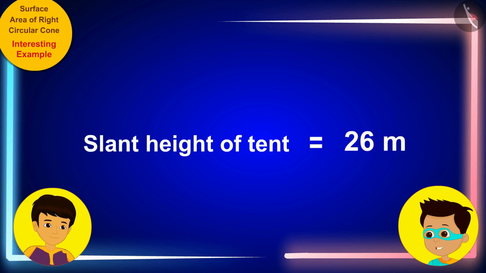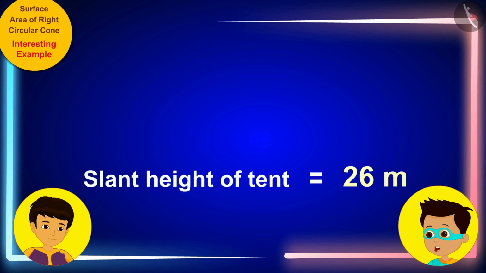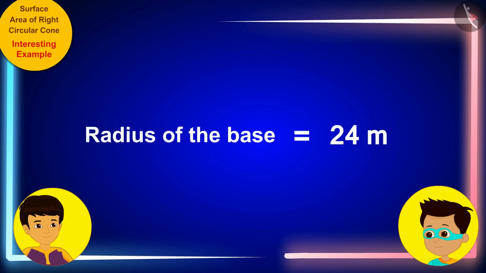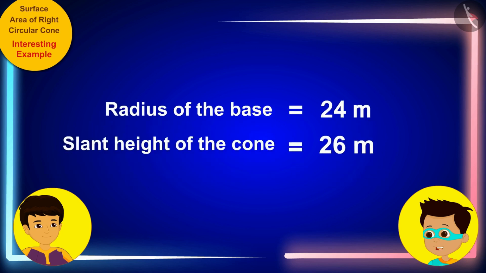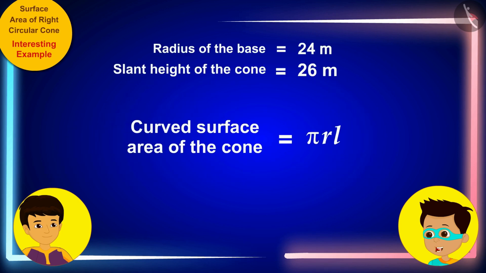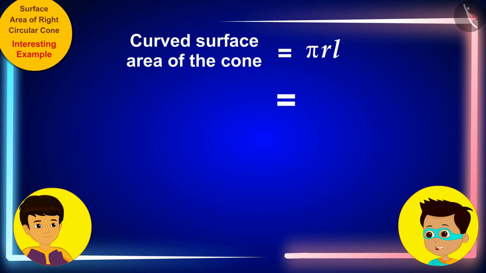Hey, wow, Manas. Let us now use the radius of the base of the tent, 24 meters, and its slant height, 26 meters, that we just found, in the formula for the curved surface area of this cone instead of r and l respectively.